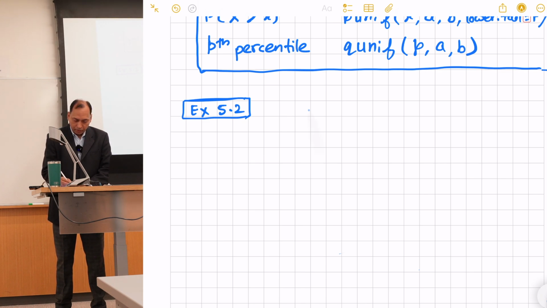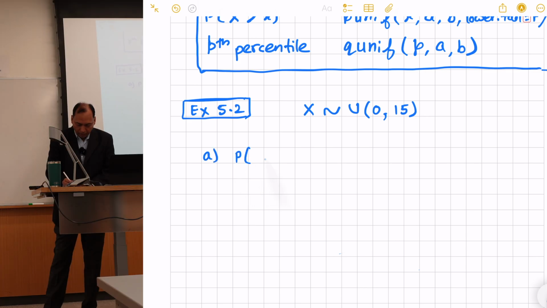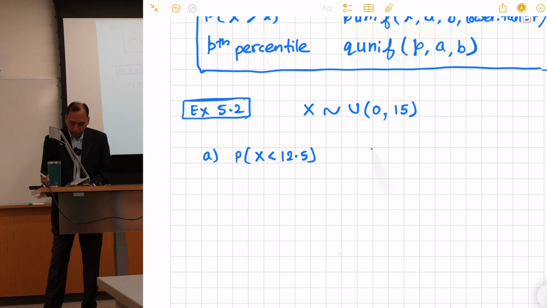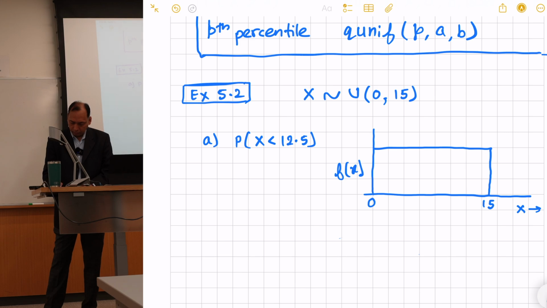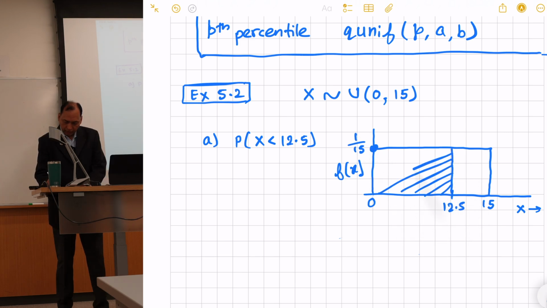So in this example, we have a random variable x that follows uniform distribution with a 0 and b 15. What is the probability that x is less than 12.5? And we are interested in this area.